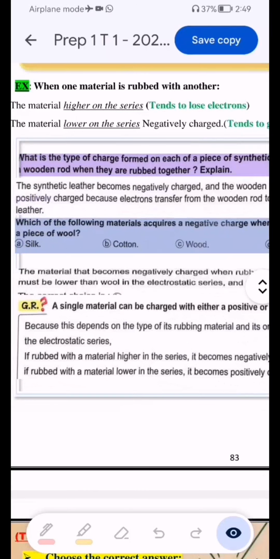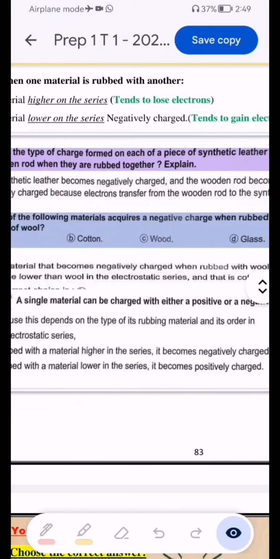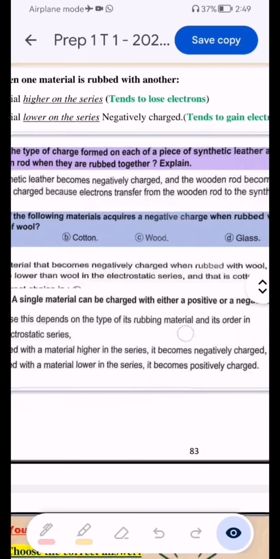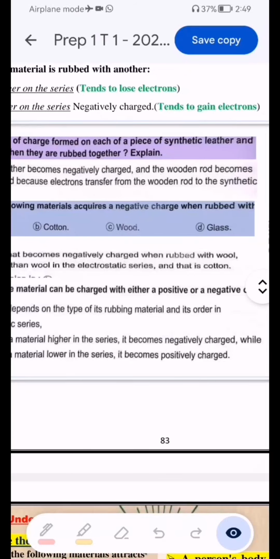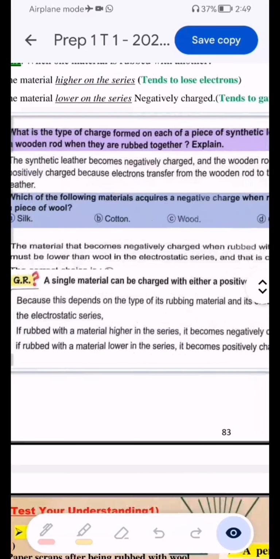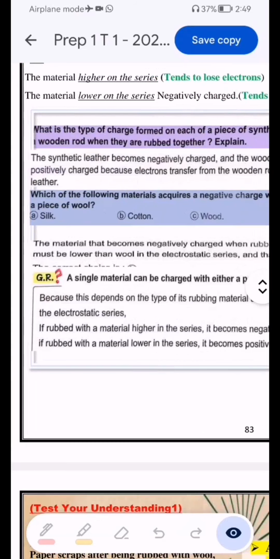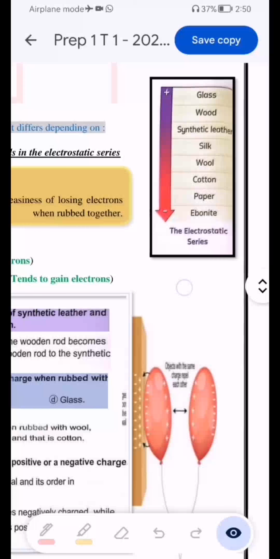Look at this question. Which of the following materials acquires, acquire meaning get or gain, negative charges when rubbed with a piece of wool? Okay, we have some choices. Number one, silk. Look at the series. Wool is lower than silk.